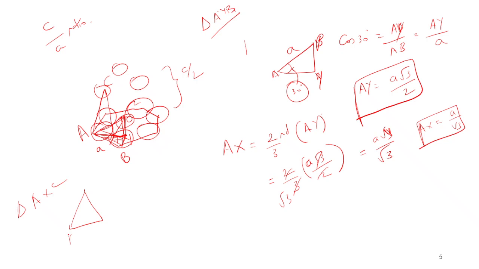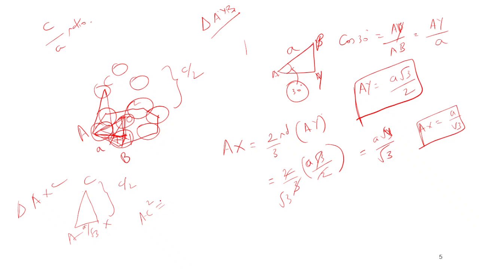We have A, we have X, and we have C. Sorry, it's a right angle triangle, not equilateral. This is C by 2, is it not? And we already know AX, that is A by root 3. We can use the usual Pythagoras theorem to solve and find out AC.